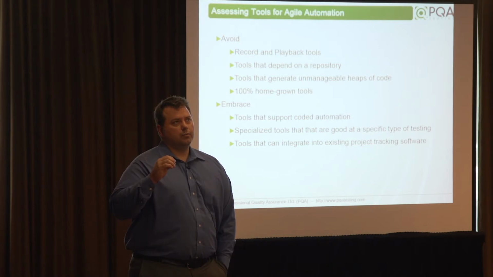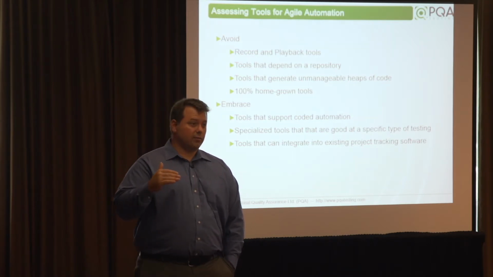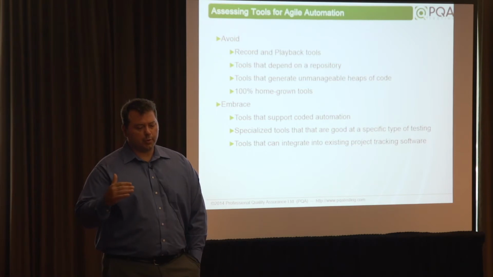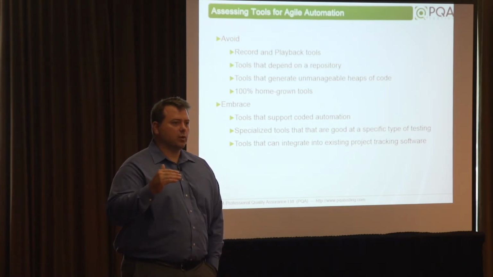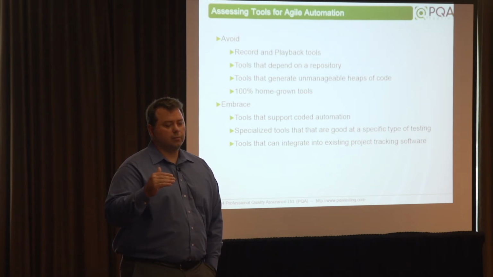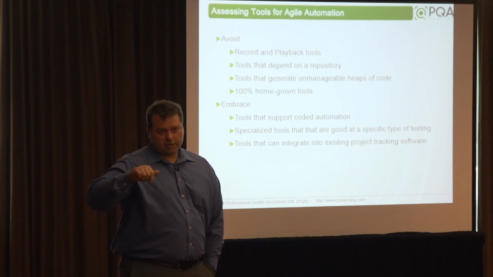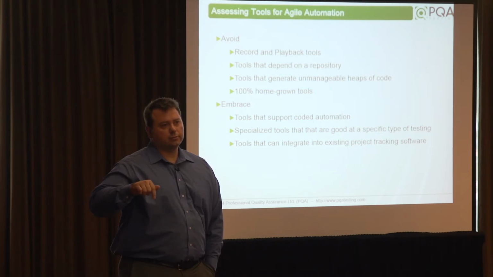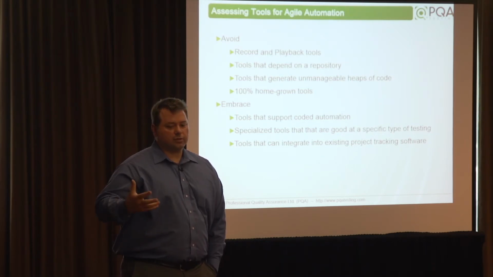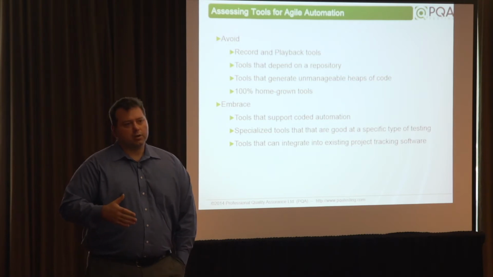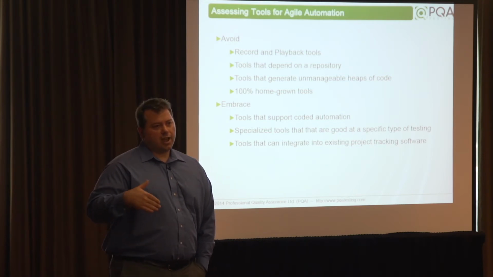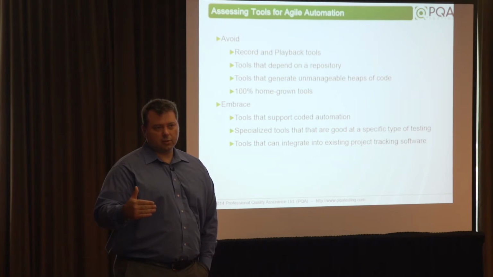And different tools have different ways of identifying objects, and some of them are proprietary, but most commercial tools have a way of storing that information so that when you click on something, it associates it with that particular object in the repository. And that's just a way for the software to know what it's interacting with. And when things change in the software, it requires for that repository to be updated because how it's identified may have changed. So a repository also introduces a great deal of maintenance.